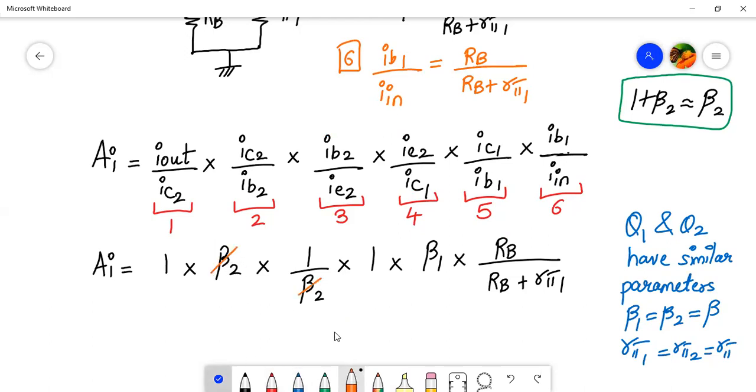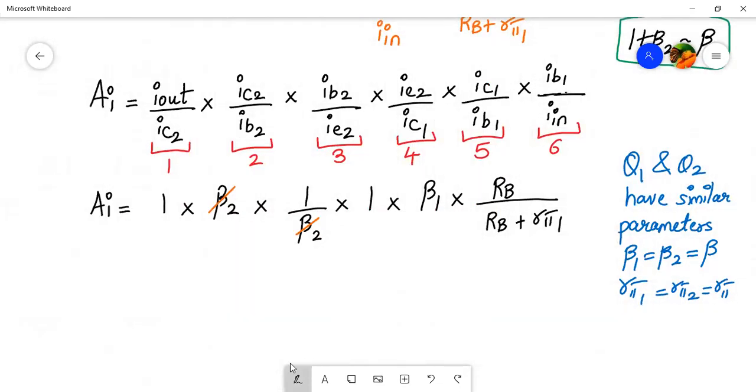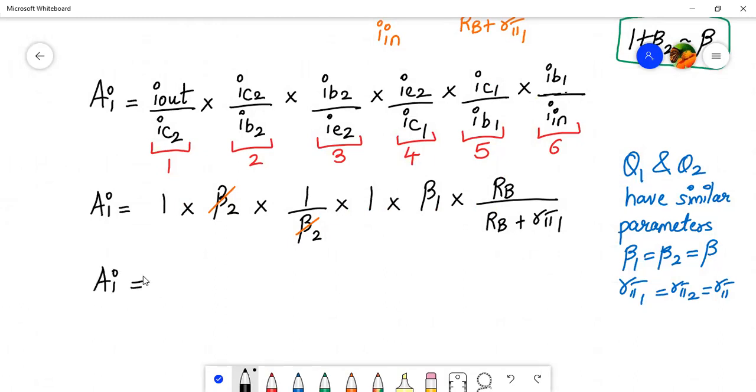Beta 2 and beta 2 are getting cancelled. And so we can write AI approximately equal to, because we have made an approximation over here, beta times RB upon RB plus R pi.